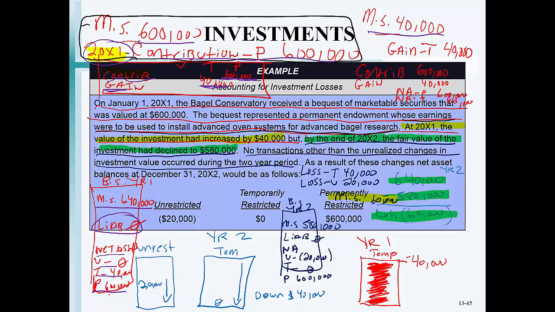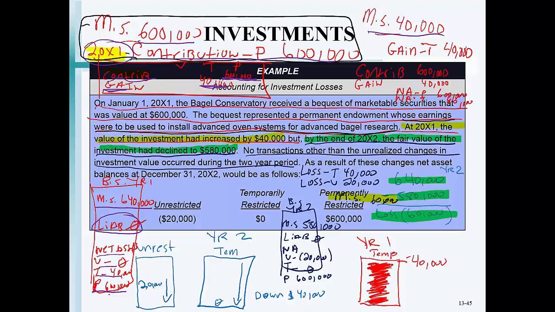And the rule was that I take the losses to the temporary restricted column to the extent that there's amounts sitting in the temporary restricted column for this particular security. And right now, we do have 40,000 sitting there, don't we? We got 40,000 in temporary restricted.